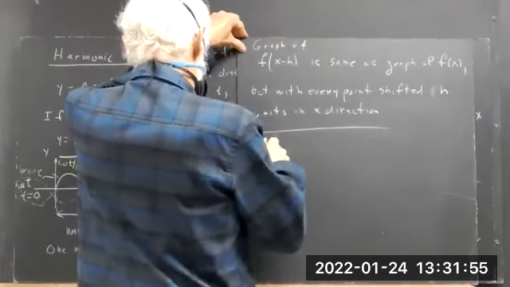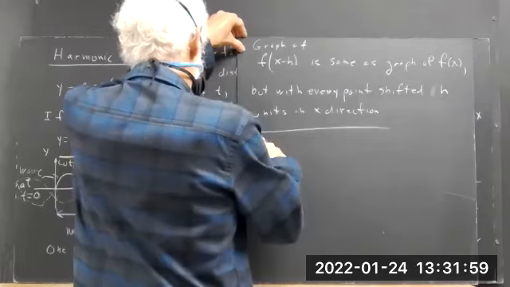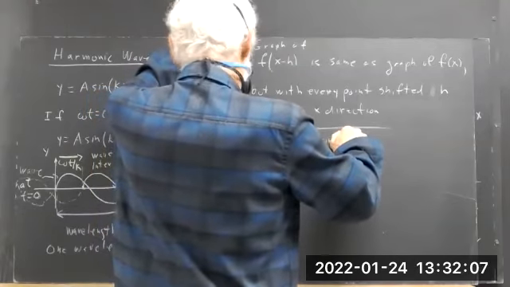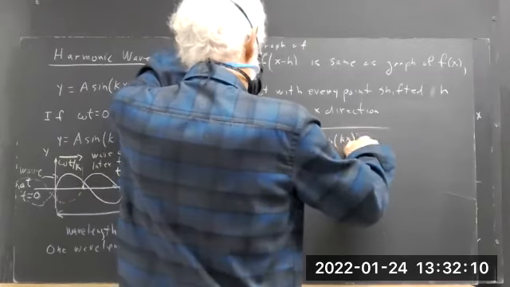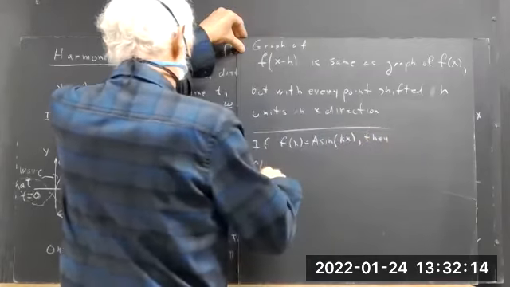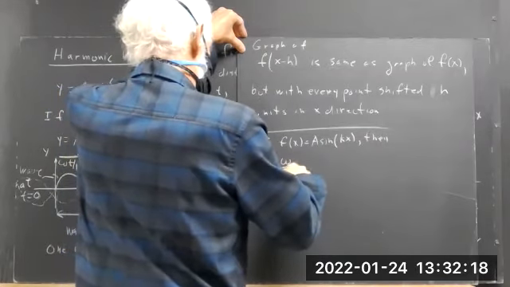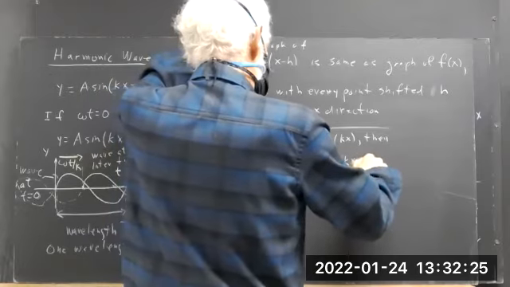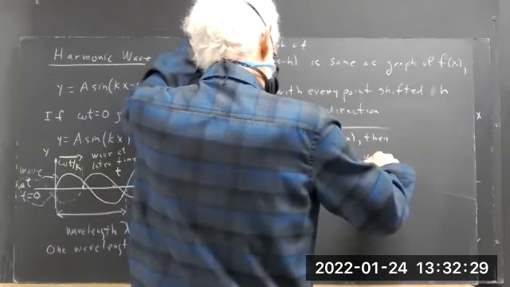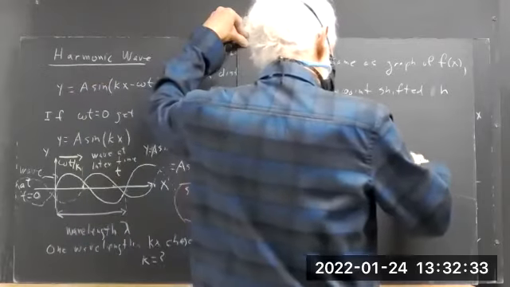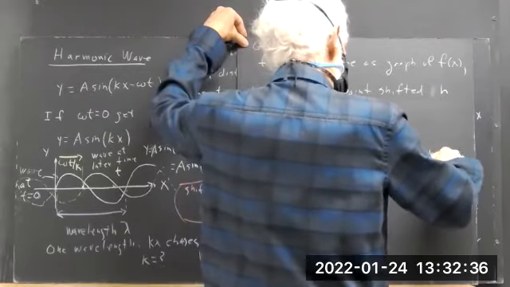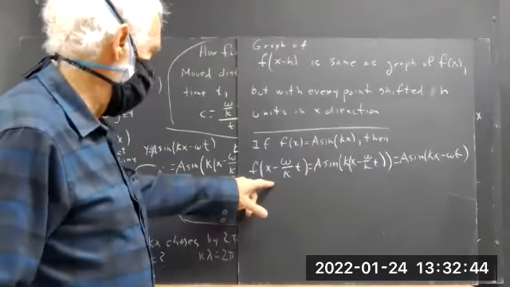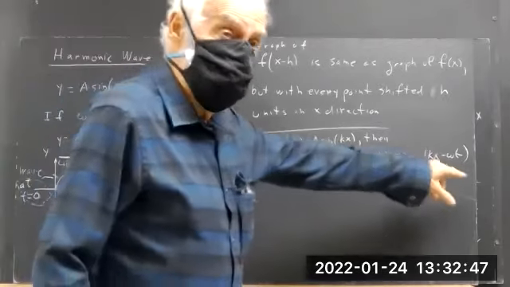Now, if f of x equals a sine of kx, then f of x minus omega over k t is this.